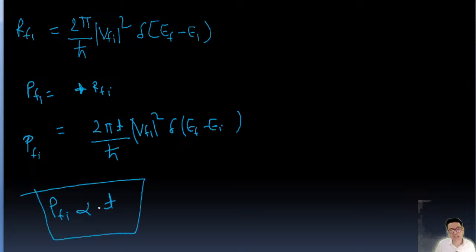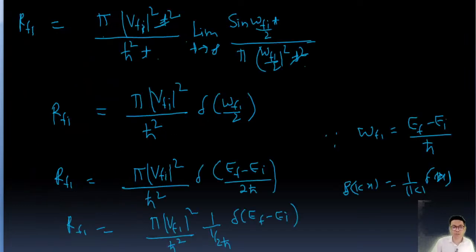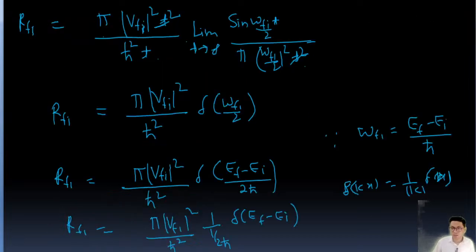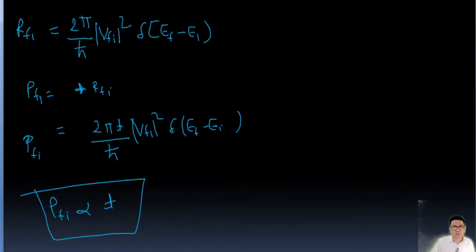So if T tends to 0, then the transition probability is going to be proportional to T, and if T tends to 0, then the transition probability is going to be square of time, right? Well, this is about the time dependent perturbation theory, right?